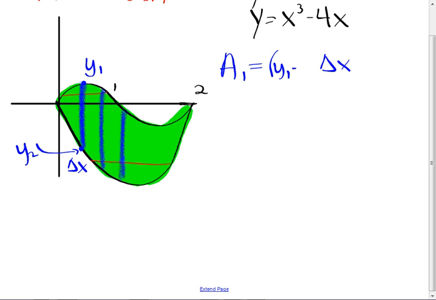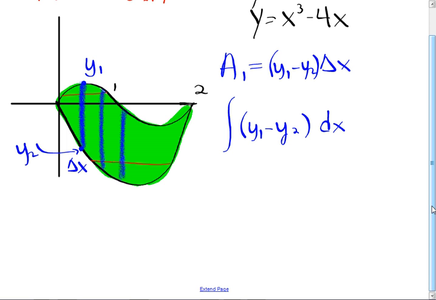It's y1 minus y2. That works for any graph. I don't care what those functions are. That's going to work when you slice it vertically. It's always going to be that way. So I'm going to integrate it, and it's y1 minus y2, and that's dx. Because when delta x gets really tiny, we want it infinitely tiny, then we're going to call it dx.